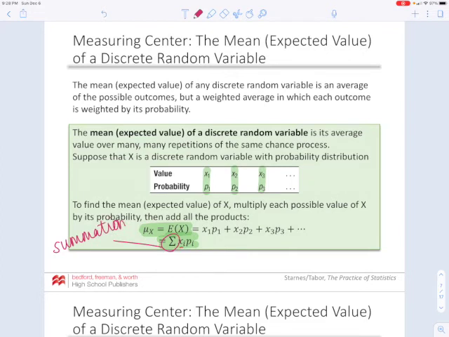And then we have xi, pi. So when we're talking about the first value of x, we're talking about the first probability for x as well. That's where you get all of these expressions. So this uppercase Greek sigma means summation. Again, this is in your formula chart, but you need to know how to use it.